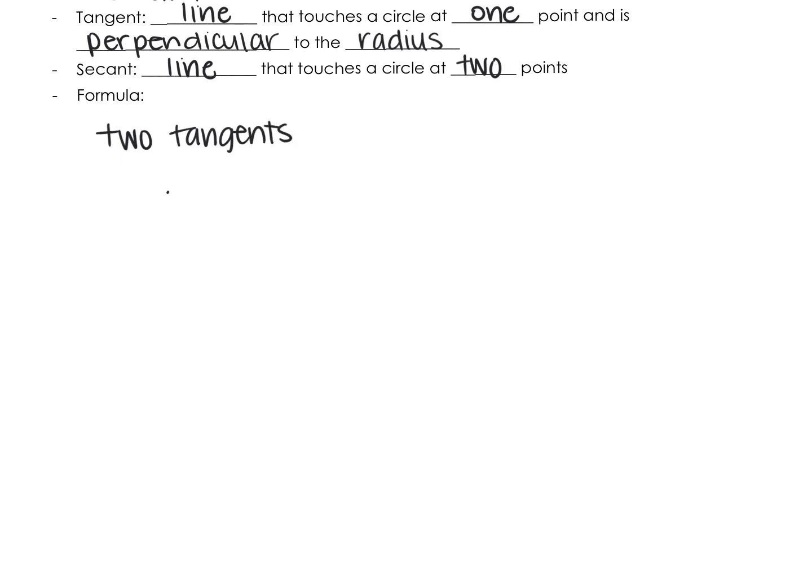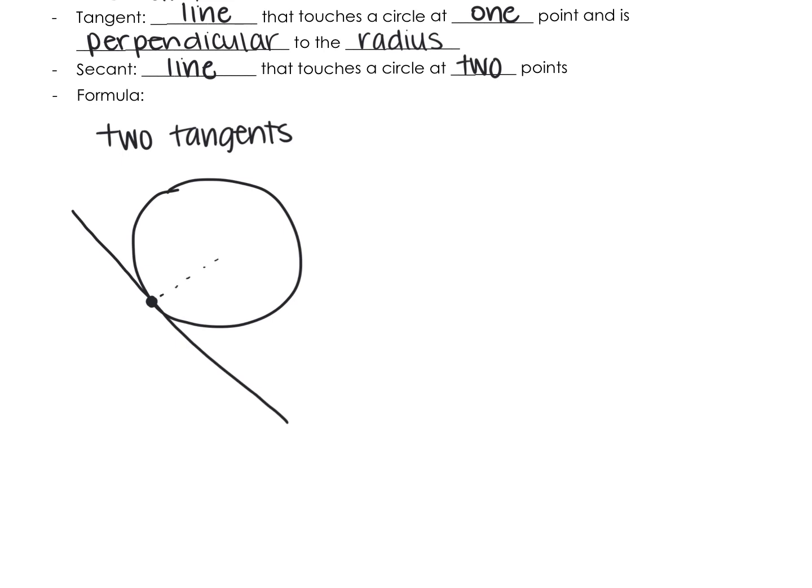So if you have 2 tangents meeting outside a circle, you have your circle. A tangent line only touches the circle in one place and is perpendicular. So let's see if I can draw. Here's the point where it meets the circle, and it does form a 90-degree angle with the radius.